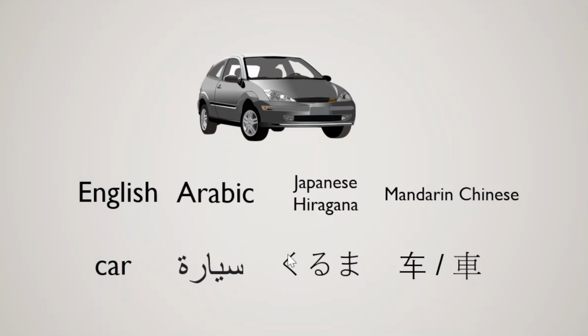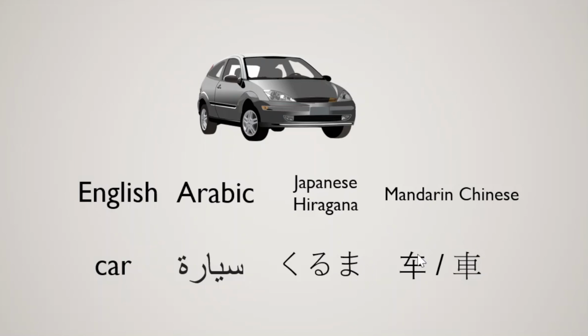So this is one syllable, and altogether it's car. Japanese also uses kanji, so Japanese uses a logographic system along with its syllabary as well.